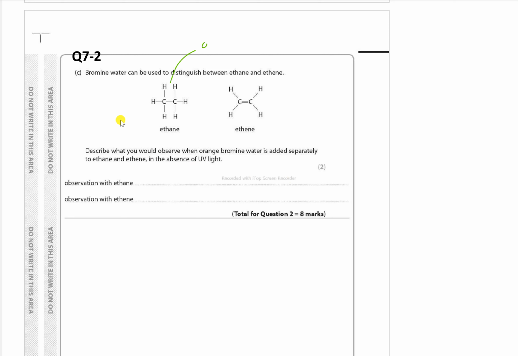That is an alkane, and that is an alkene. The observation with ethane is that there would be no reaction, so we would expect no color change.